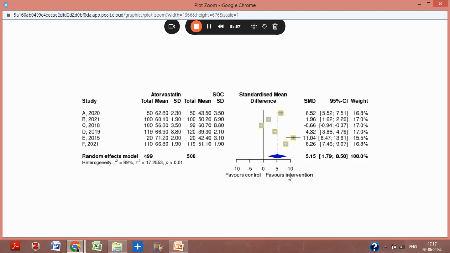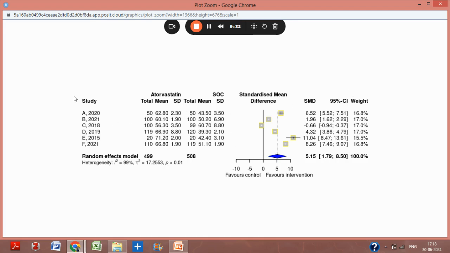So as we can see, hypothetically, our study favors the intervention, which improves HDL level, high density lipoprotein. Now I've renamed this experimental arm as Atorvastatin and control arm as standard of care. We have reduced the decimals, the digits after the decimal for this standard deviation, which we were not able to do in the earlier video.